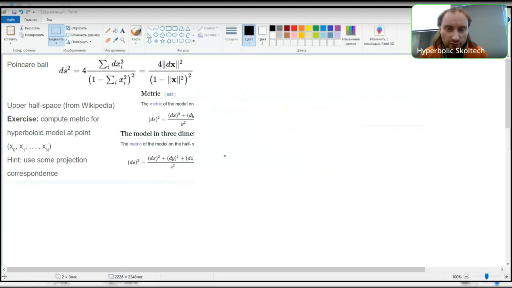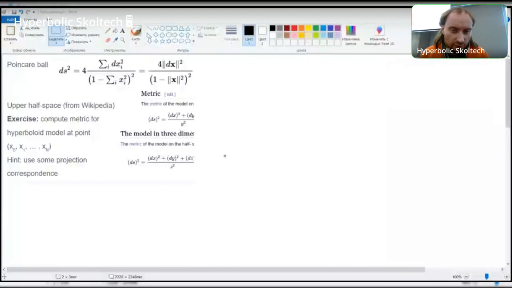This is an exercise about translating a metric, and the mapping, actually I forgot where this picture was.